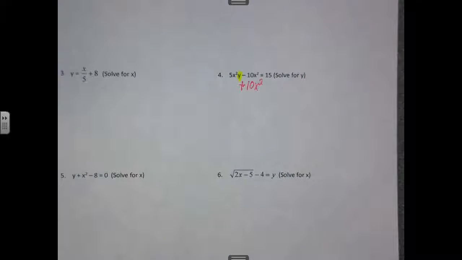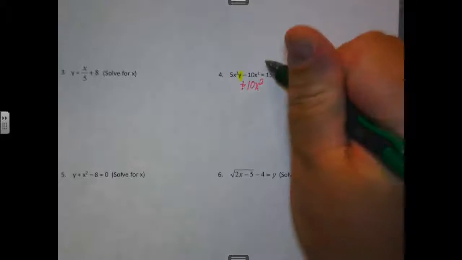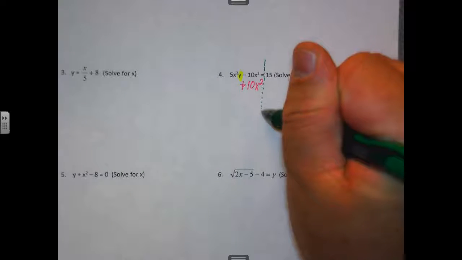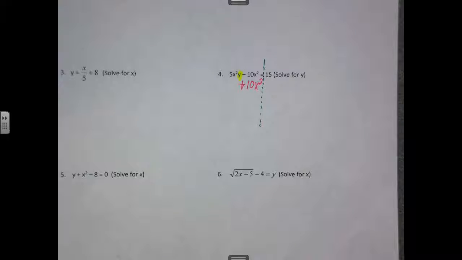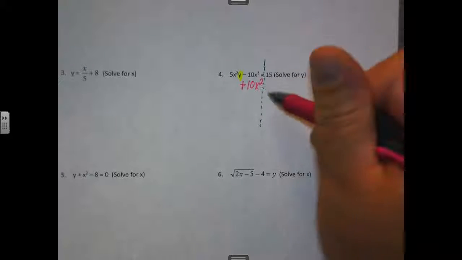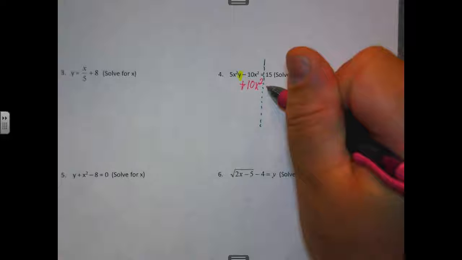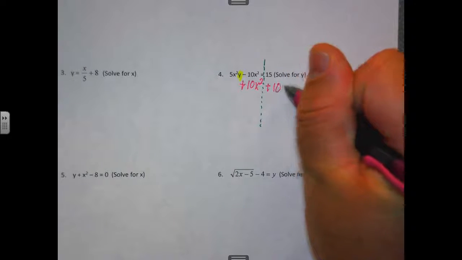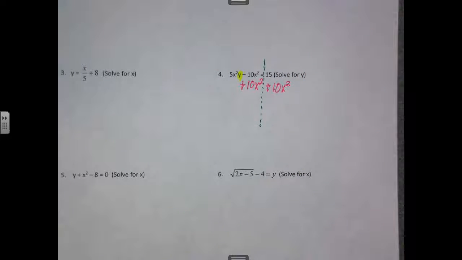Now, I notice some of you are still having trouble. No, don't add these together. Why can't I add these together? These are not like terms, so leave them separate.